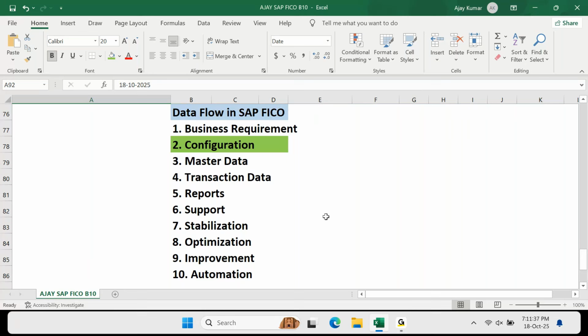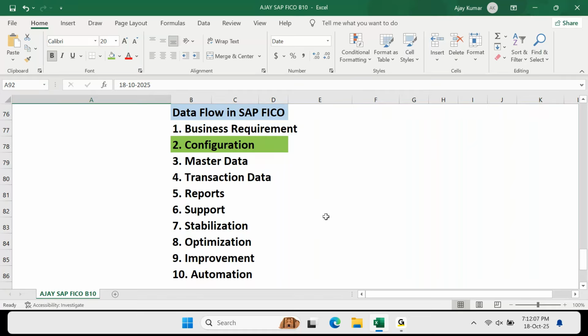After completing a configuration, you'll come to master transaction report, and then you'll come to support in case there is any assistance required for the user or for the business. After support, you'll work on stabilizing the process, optimizing the process, and then you'll work on different improvements. Once everything is done, you'll work on automating the process. This is what typically happens in any project.